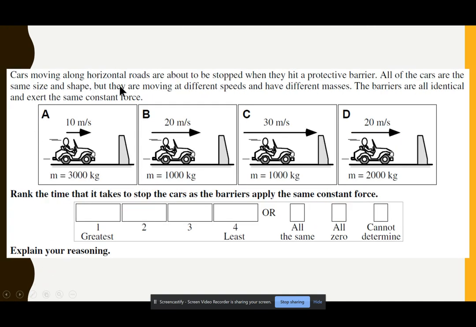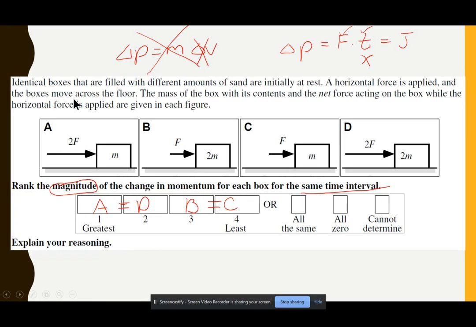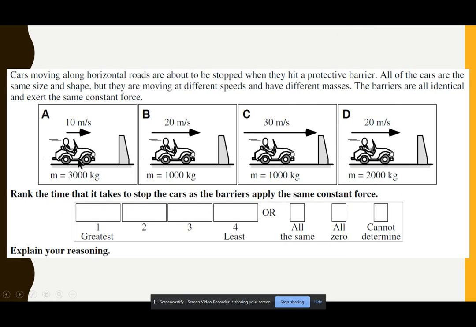A car moving along horizontal roads are about to be stopped when they hit a protective barrier. All of the cars are the same size and shape, but they are moving at different speeds with different masses.